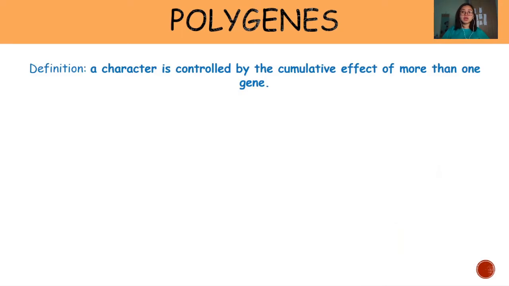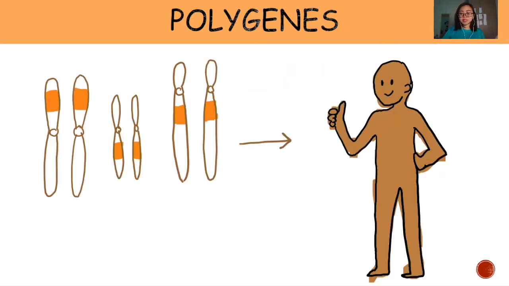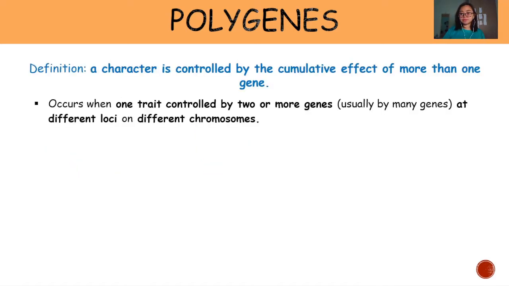The definition, a character or characteristic is controlled by the cumulative effect of more than one gene. It occurs when one trait is controlled by two or more genes and they are on different loci on different chromosomes. Okay, lebih dari satu gene dan setiap gene itu berada pada kromosom yang berbeza.